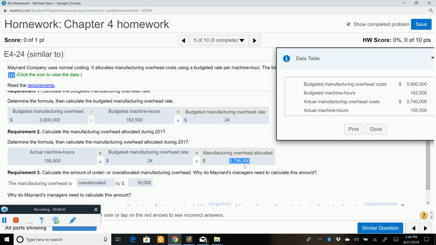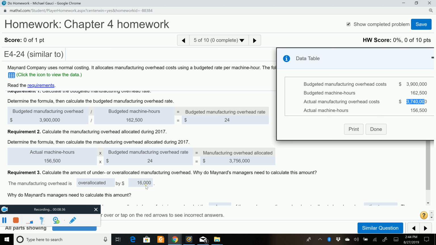Now, the question is, did we over or under apply? Well, we applied 3,756,000, but if you come all the way over here to the far right, I am highlighting it now, the actual overhead is 3,740,000, and we applied 3,756,000. We applied too much.